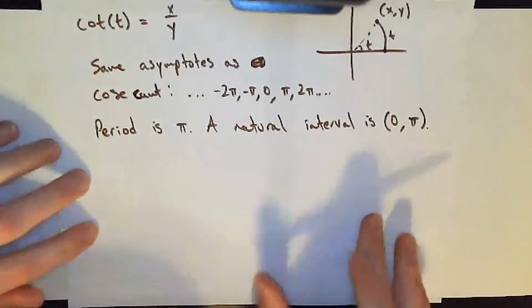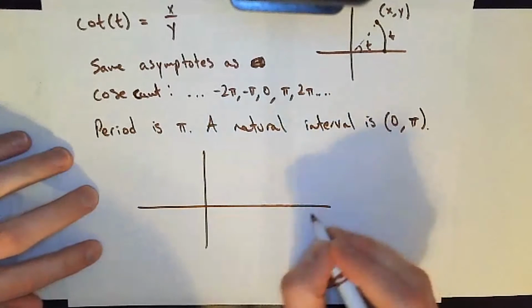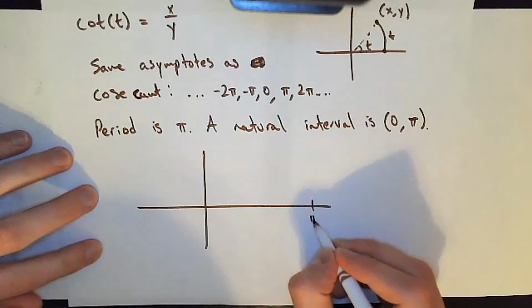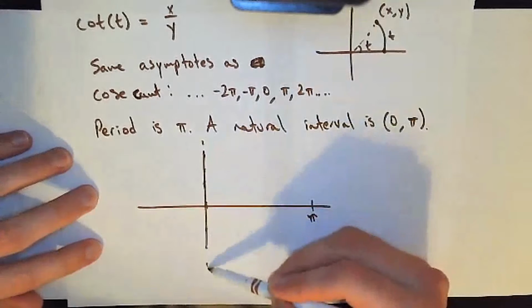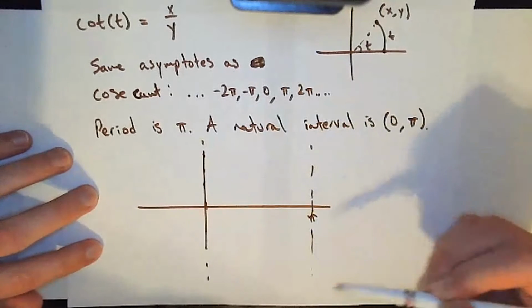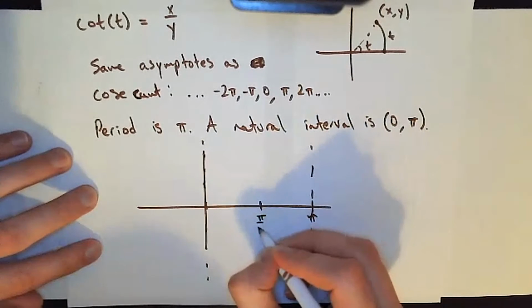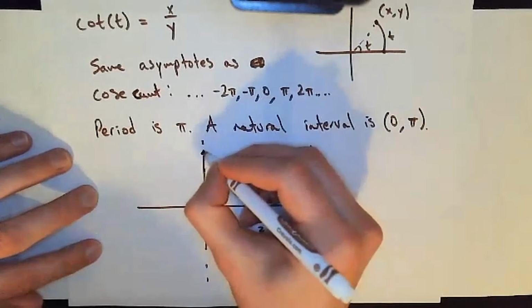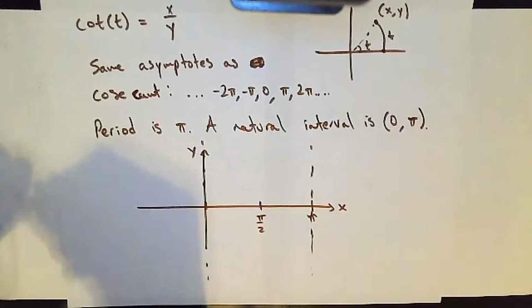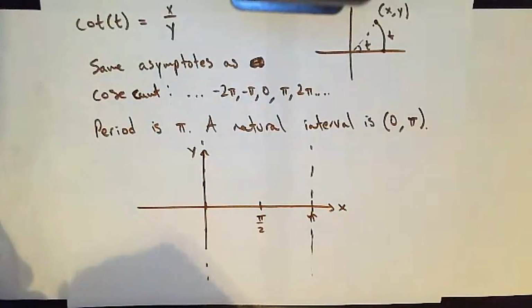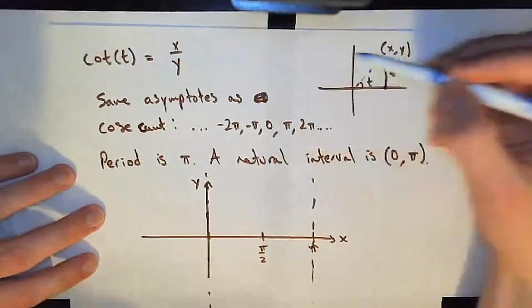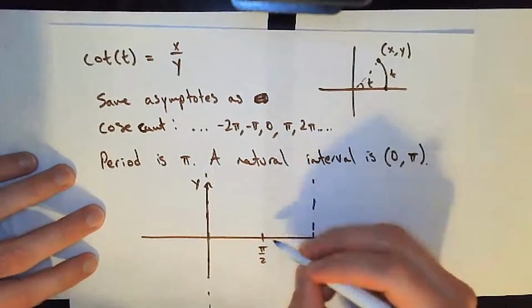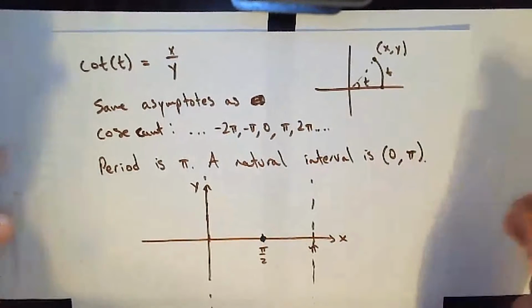All right, let's talk about what it's going to look like. Here's pi. I already know there's going to be asymptotes at 0 and pi. The question is what's happening in between. So right here is pi on 2. At t equals pi on 2, x is 0, so we're getting a 0 right in the center.